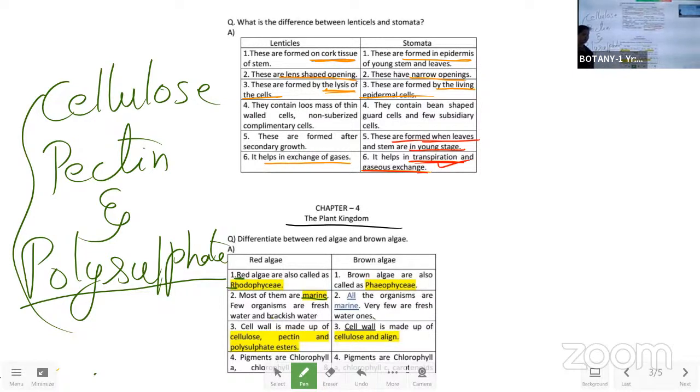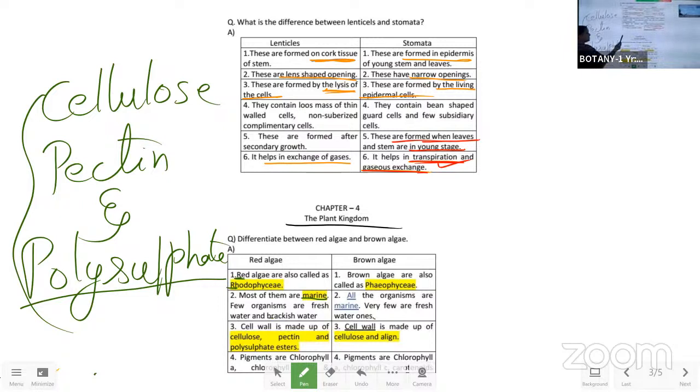I'm talking only about my subject, not the other subjects. In botany, when you are preparing for the competitive exam, don't think that you cannot write the IPA exam. And once you have prepared for the IPA exam, you need to prepare thoroughly for the competitive exam. Then 50% you can already answer in the competitive exam. That is the easiest way of preparation, but you need to know how to go about it.